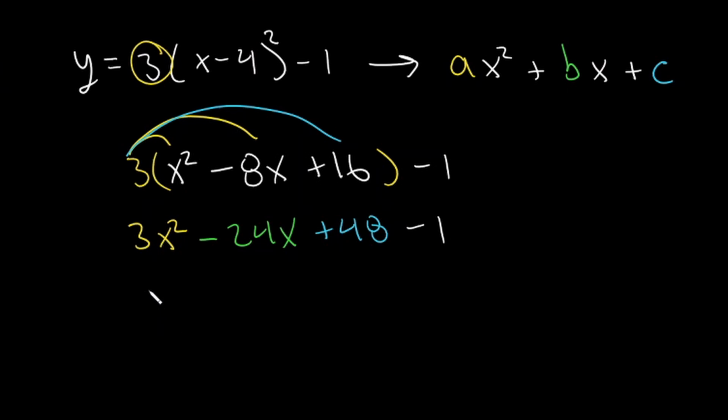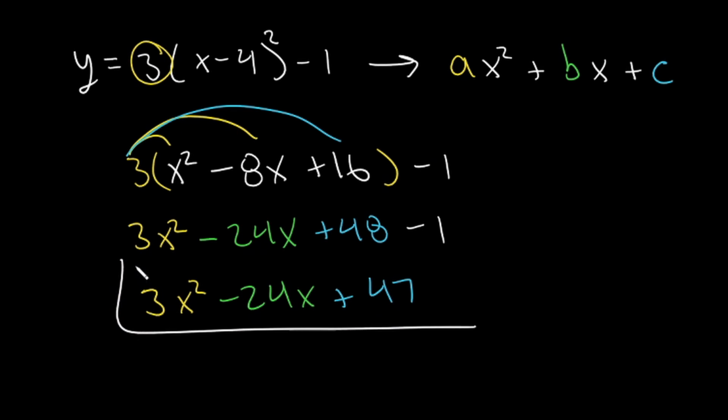So now all we need to do is subtract 1 from all this, so 3x squared minus 24x, and then add 48 minus 1, which is 47. So the standard form of 3 times x minus 4 squared minus 1 is going to be 3x squared minus 24x plus 47.